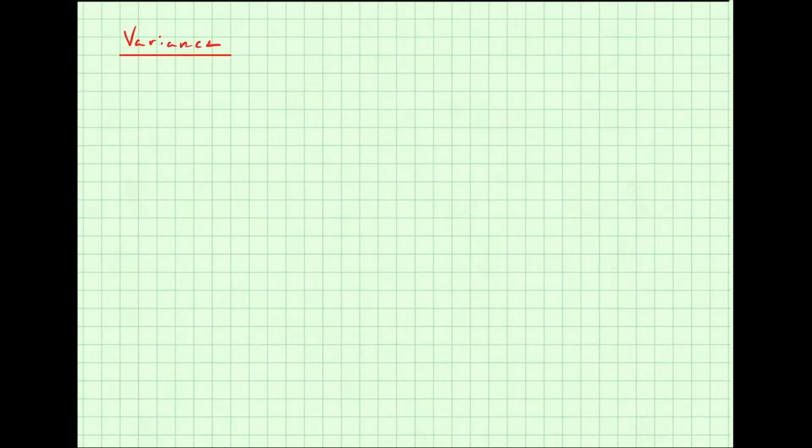So expectation, which is what we talked about last week, I'll write expectation, which we wrote kind of like this, where capital X is a random variable. This by the way is also called mean.